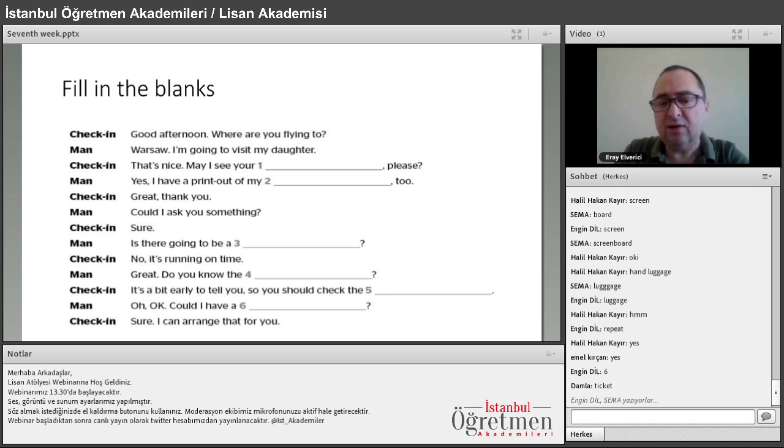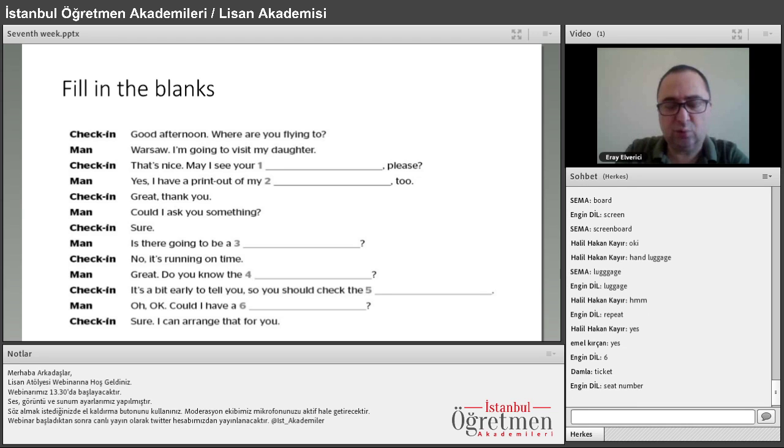And there you arrange something. You want the seat number. So while talking with that person at the check-in, you make a kind of decision. You just tell them to sit on the aisle or window. So you're just arranging your seat number.